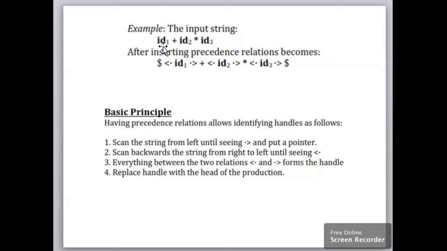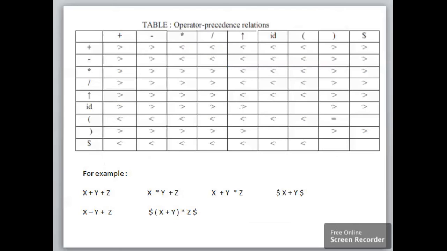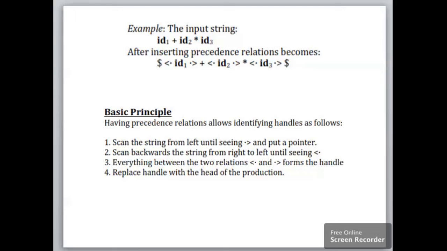For example, on the left hand side you would be having a dollar and on the right hand side also you would be having a dollar. Those are the end markers. So I would be comparing dollar with id in my given table. If I am going to compare dollar and the corresponding id, id would be having a higher precedence.